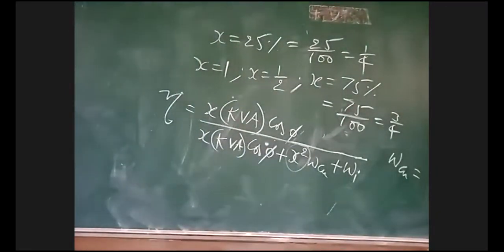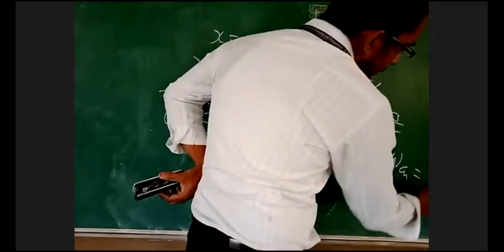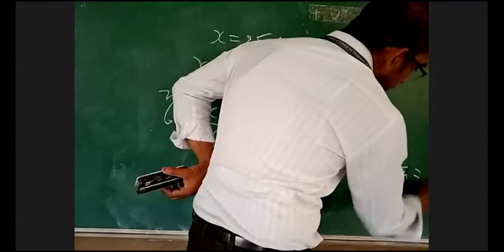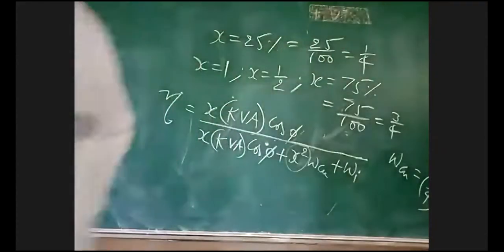That's why in efficiency we have taken d eta by dI1. I1 is the current flowing in the winding. Suppose the load is 1/4; current is the load.